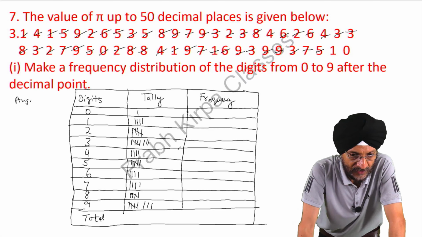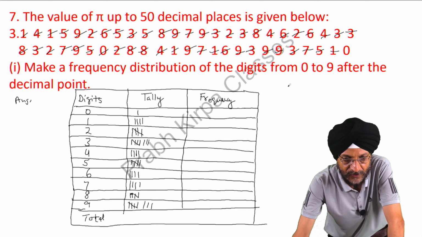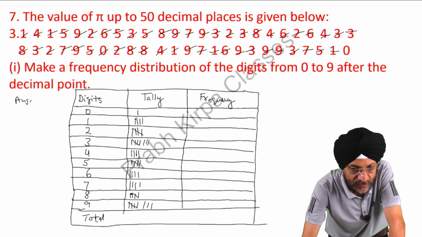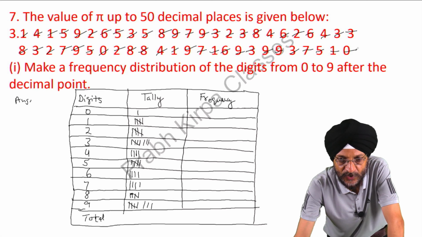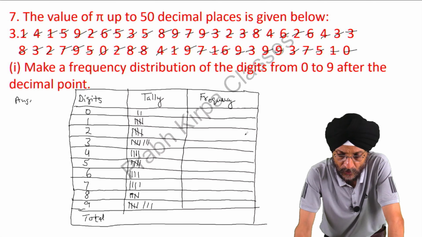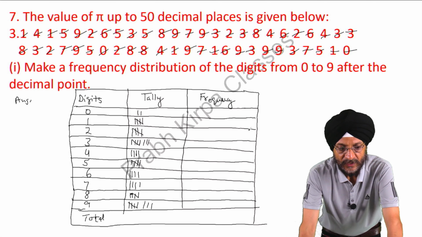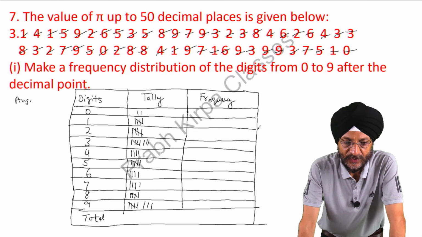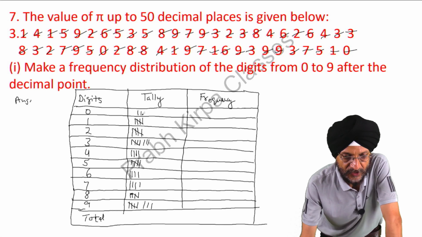So we draw a line like this. 1. This is for the fifth time. 0. So now we count the frequency of the particular digit, the total of the same.